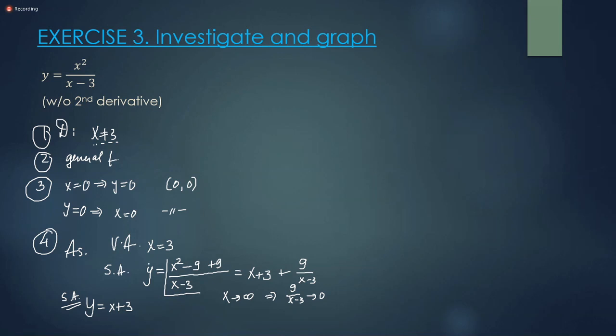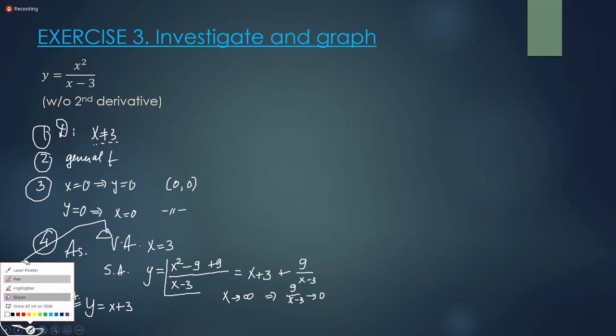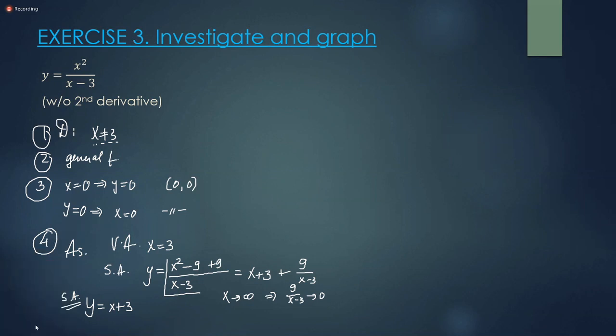So now we have a vertical asymptote. This is again the same thing that happened previously. I understand now the reason for it. All right.